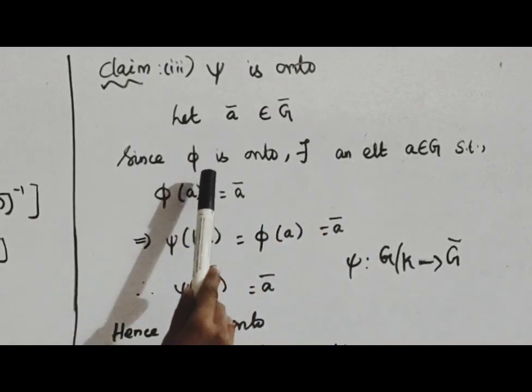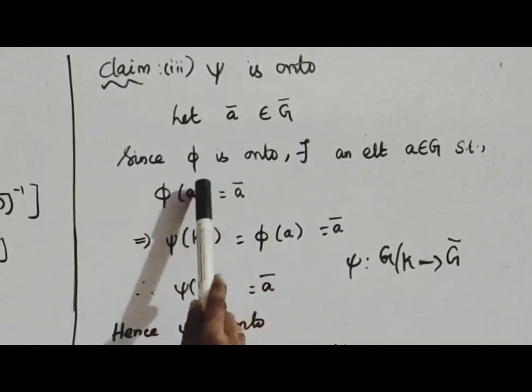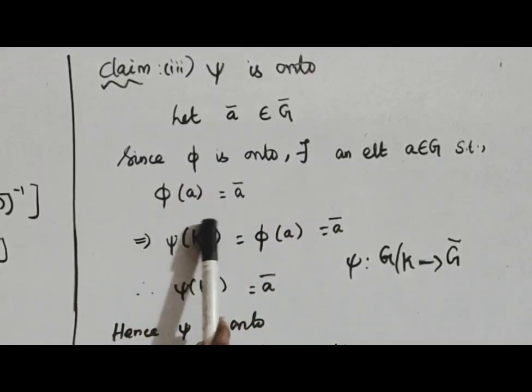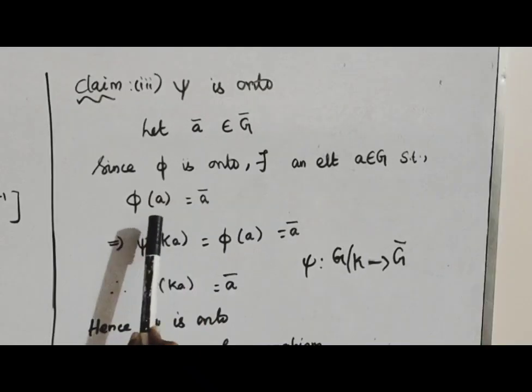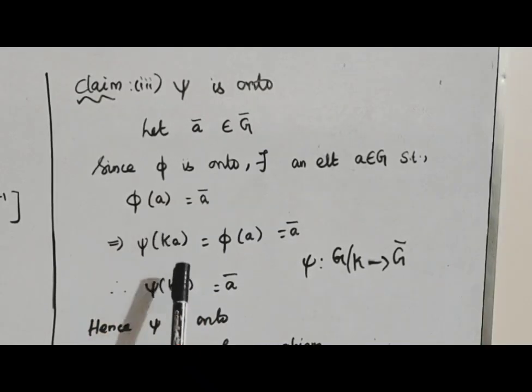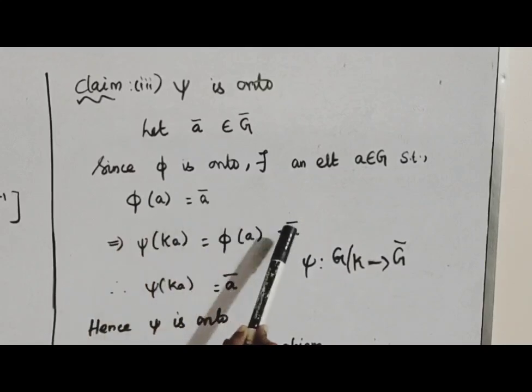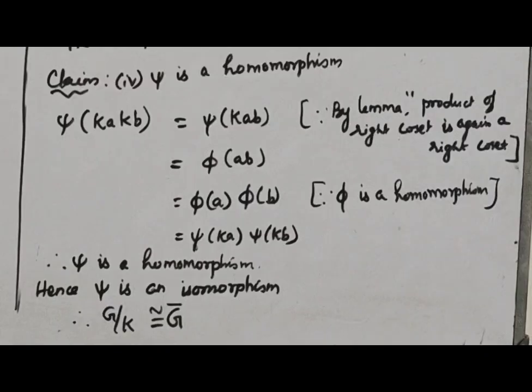Since phi is onto, as given in the statement, there exists an element a belongs to G such that phi of a is equal to a bar. Because we already defined that psi of Ka is equal to phi of a, therefore psi of Ka is equal to phi of a is equal to a bar. Therefore, psi is onto.